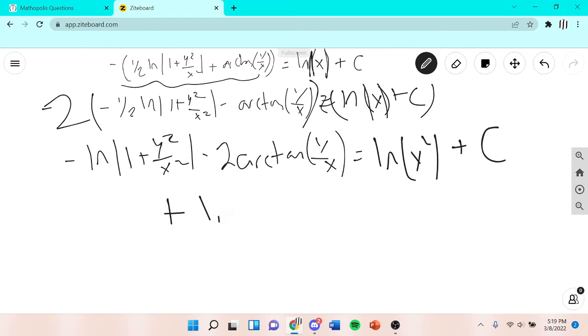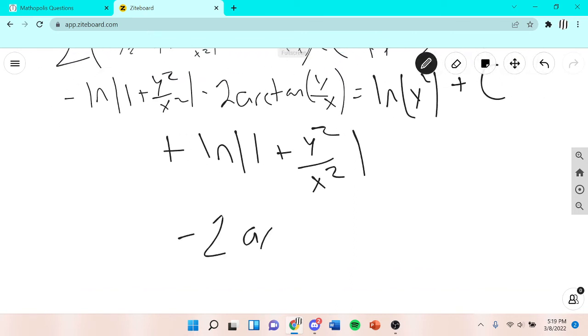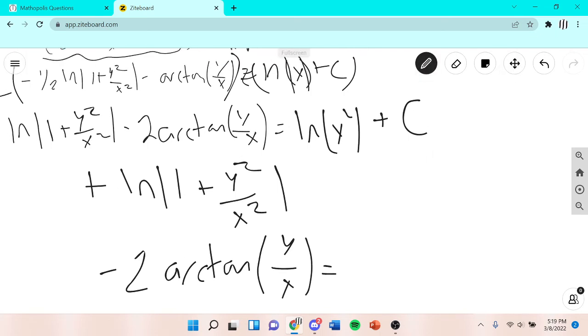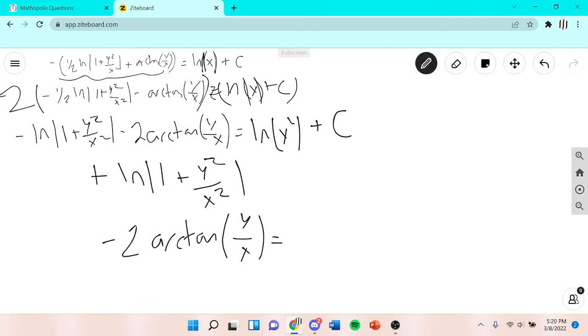I'm going to add ln of 1 plus y squared over x squared on both sides, so we get negative 2 arctan y over x is equal to, well, if we add two ln's, you just multiply, so you're going to get x squared times 1 plus y squared over x squared.